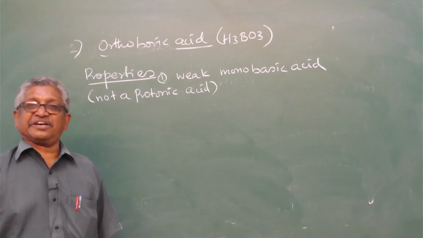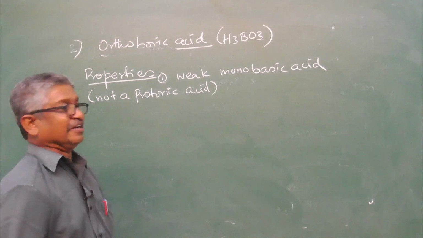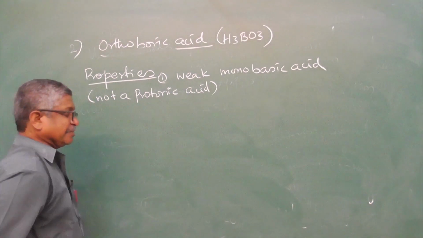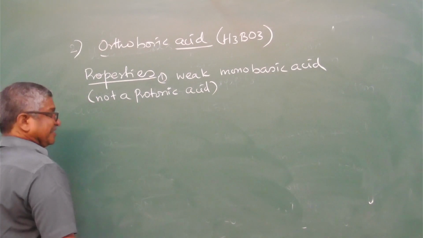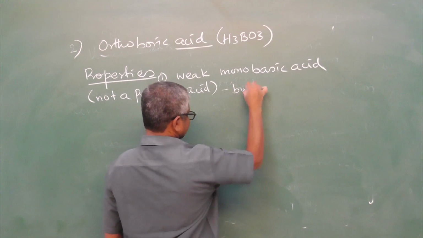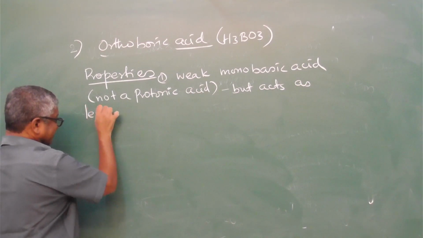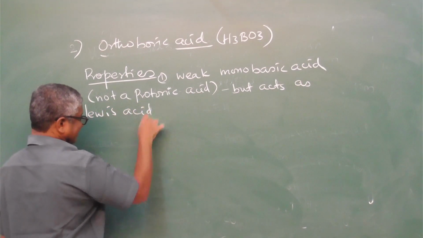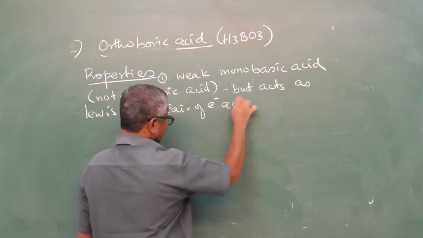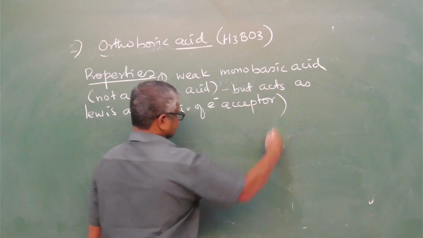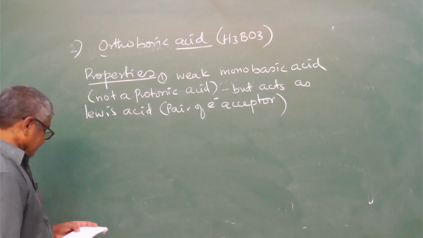A pair of electron donor is called a base, a pair of electron acceptor is called an acid. Weak monobasic acid but not a protonic acid, but acts as a Lewis acid. Lewis acid is a pair of electron acceptor.